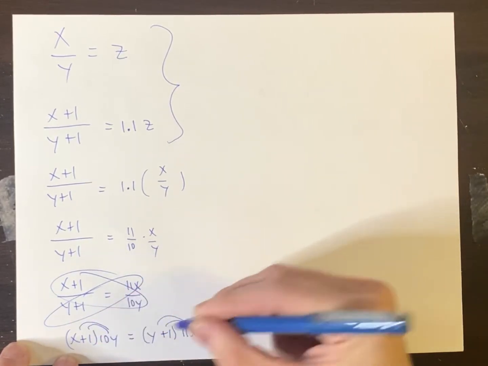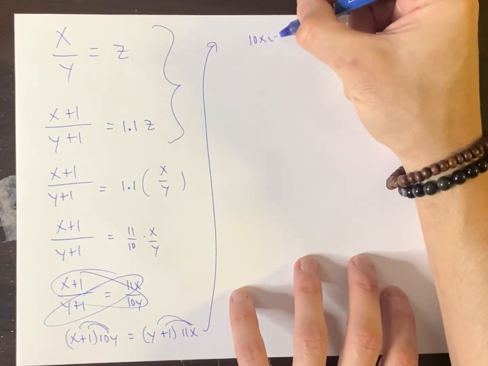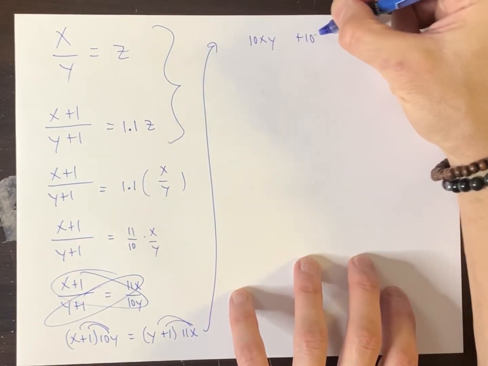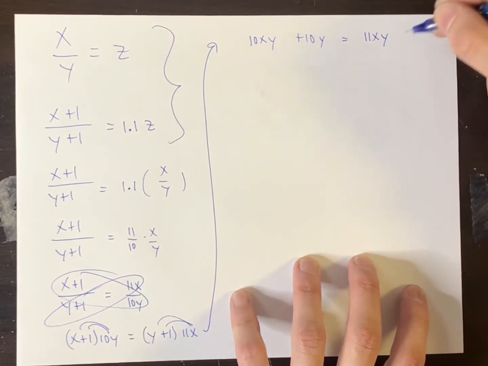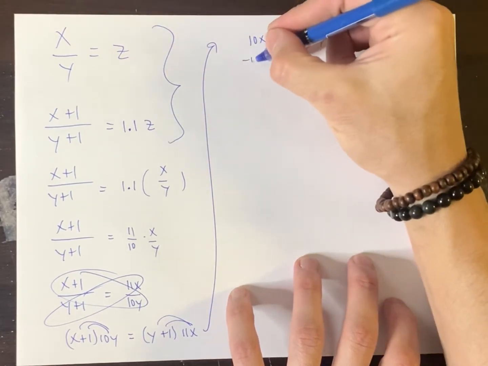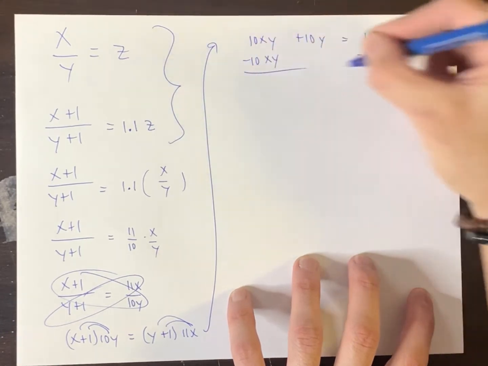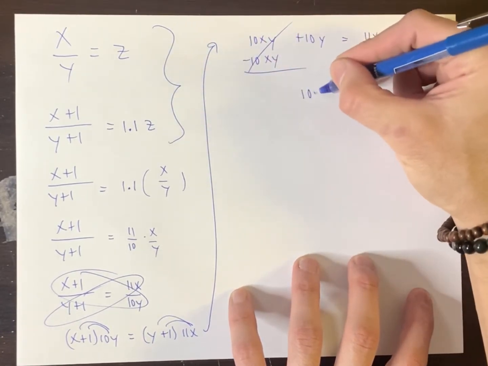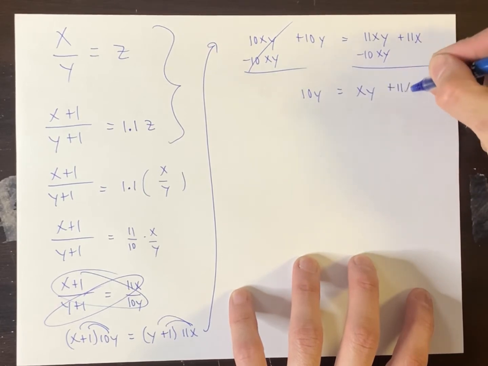And if we distribute, we get the following. We get 10xy plus 10y equals 11xy plus 11x. Let me subtract 10xy, because those are like terms. Gone. 10y equals 1xy plus 11x.